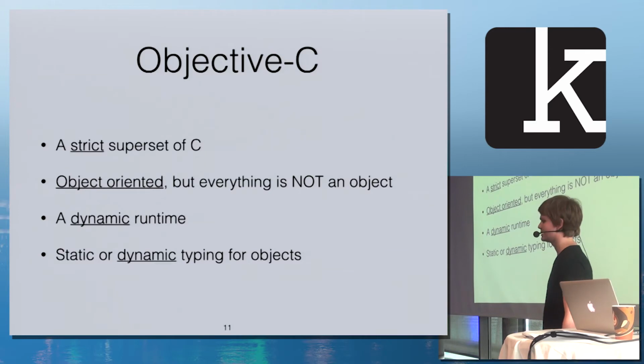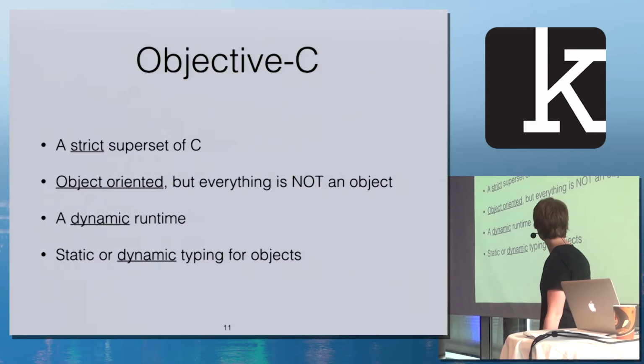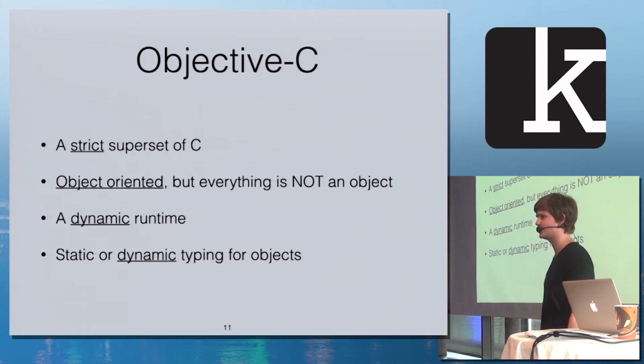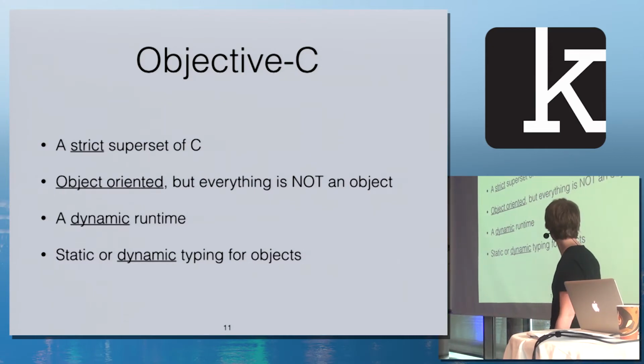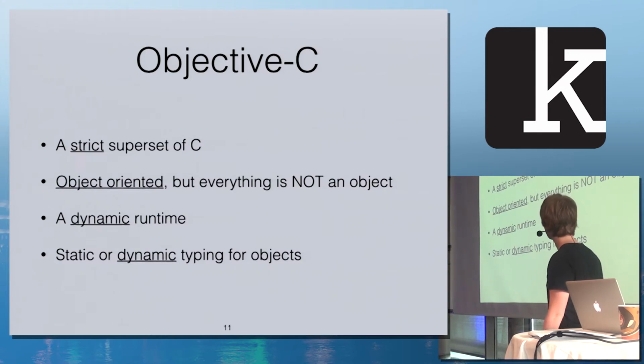So Objective-C is a strict superset of C, as you've heard today, if you were there for the RubyMotion talks. It's object-oriented, of course, but not everything is an object, like maybe Java, where you have numbers that aren't objects. You need to box them. It has a dynamic runtime, and you can do static or dynamic typing.